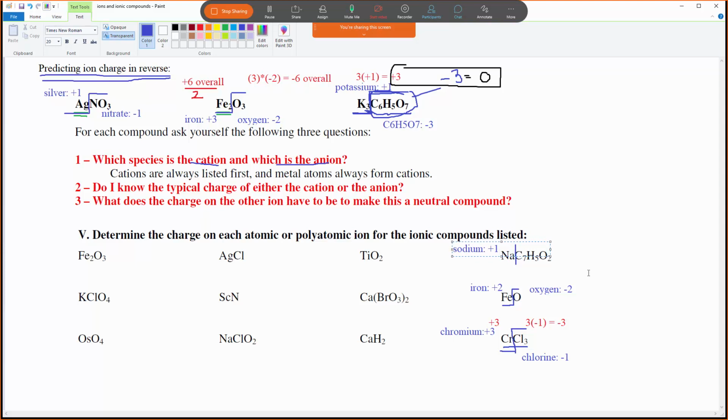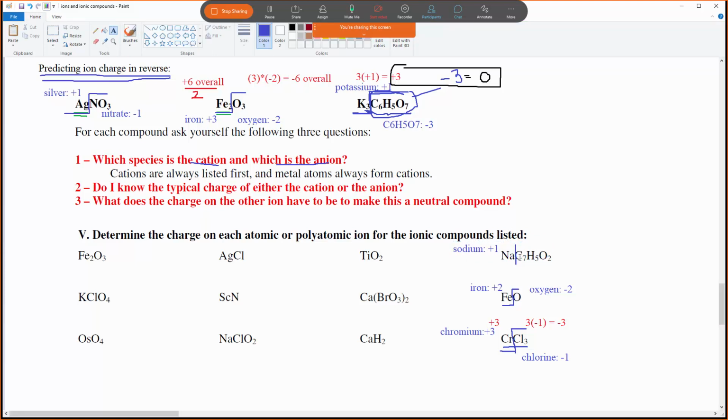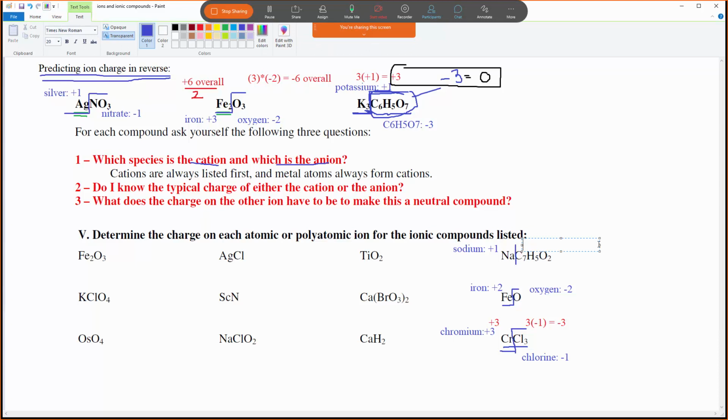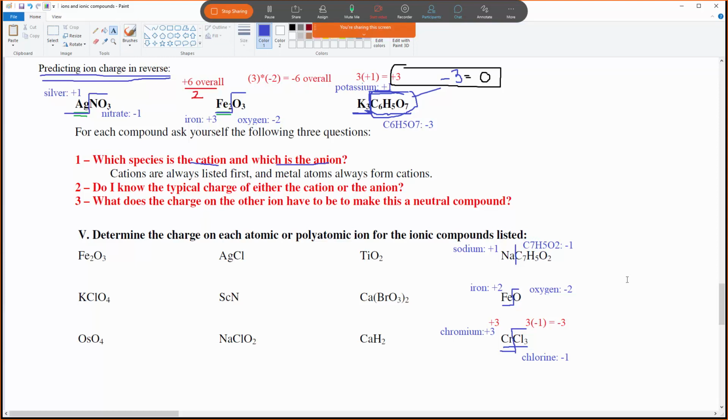Excellent. Which means, perfect, as Nicole identified, this guy over here, that's a polyatomic ion. And the charge has to be -1. It's a lot of atoms to carry just a -1 charge, but okay. Sounds fine. Looks good to me. Any questions on that one?